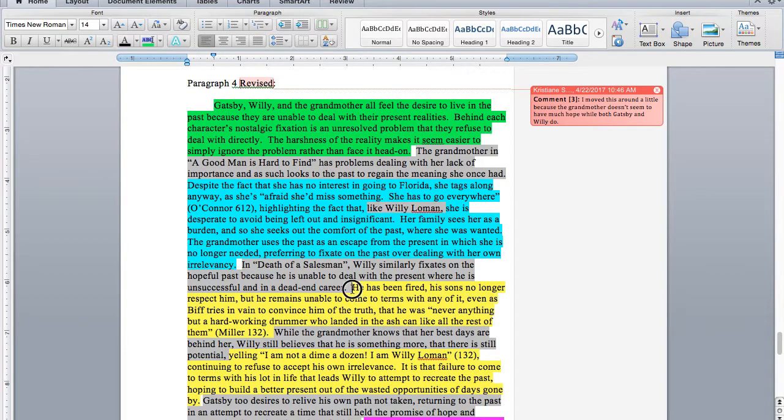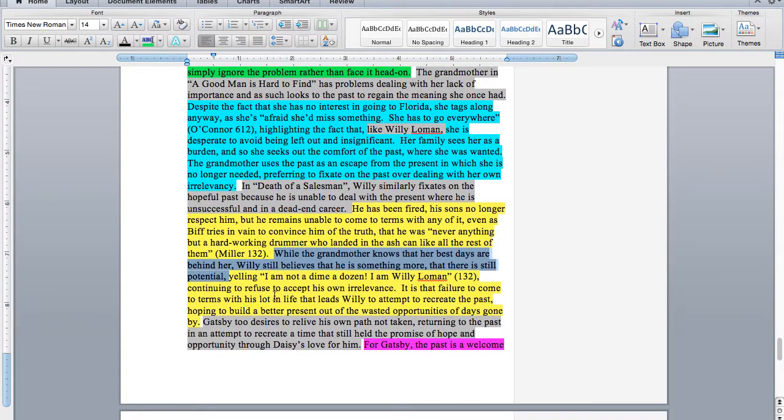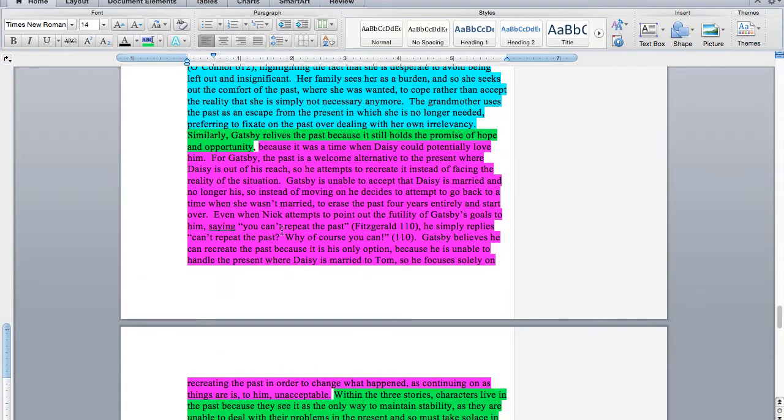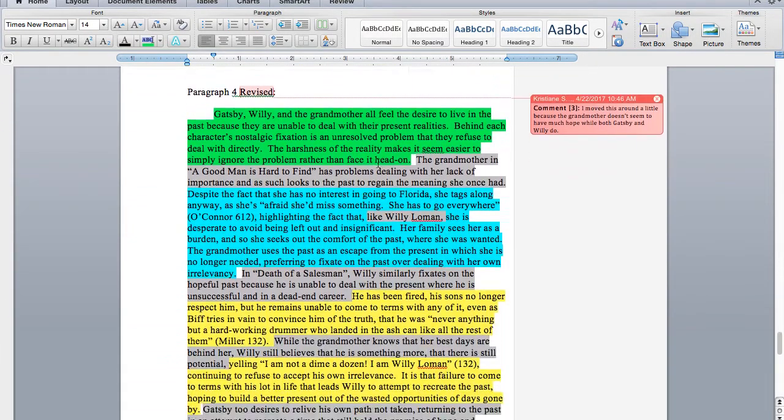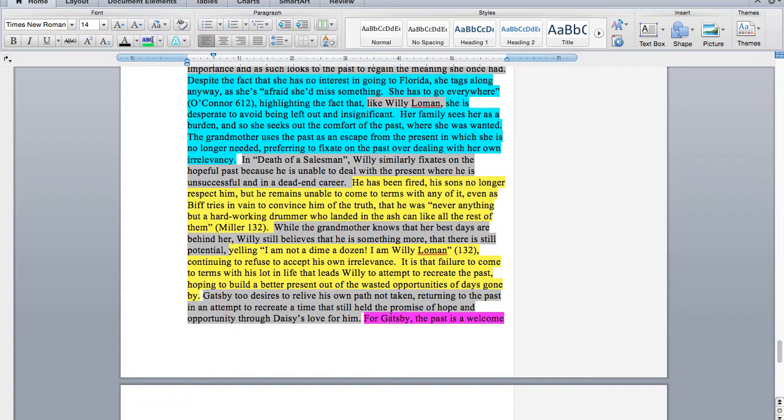I've changed the transition sentence, and I've added a little bit here about the grandmother knowing that her best days are behind her, while Willie, right, still believes that there is something more. That idea was in here with Willie still believes that there is something more, that there is still potential. So all I've really done is I've added, while the grandmother has this idea, Willie still believes that there's hope. I've connected Gatsby here.